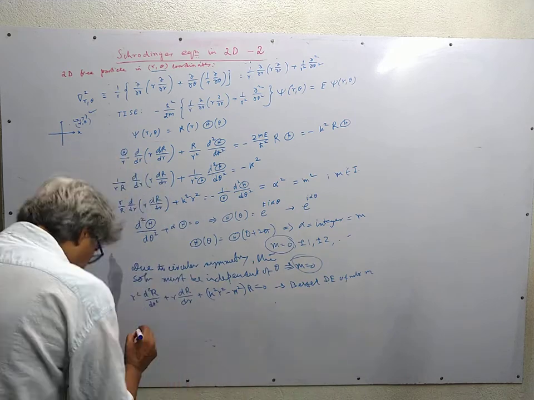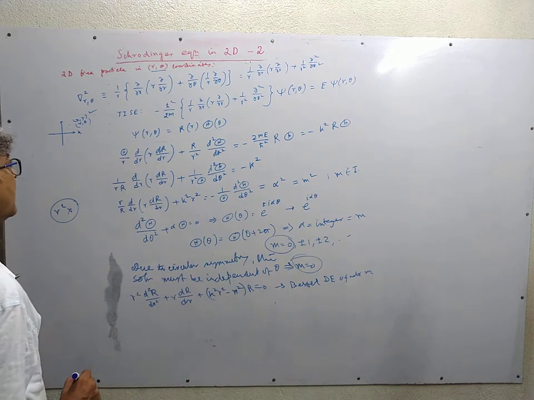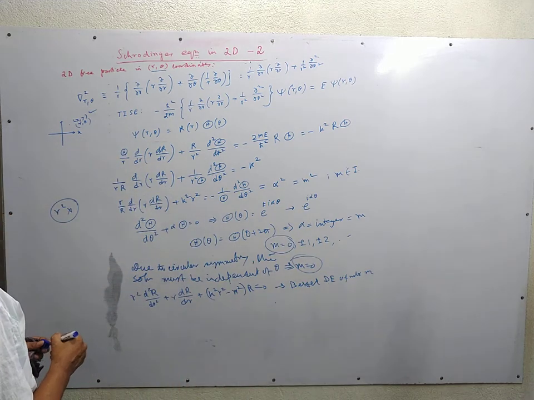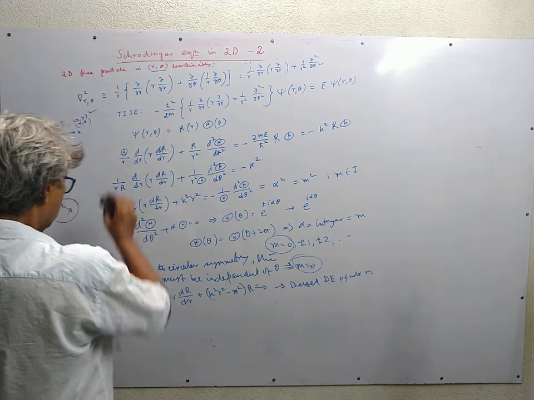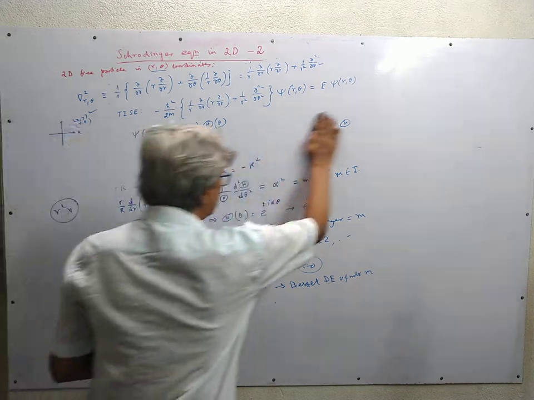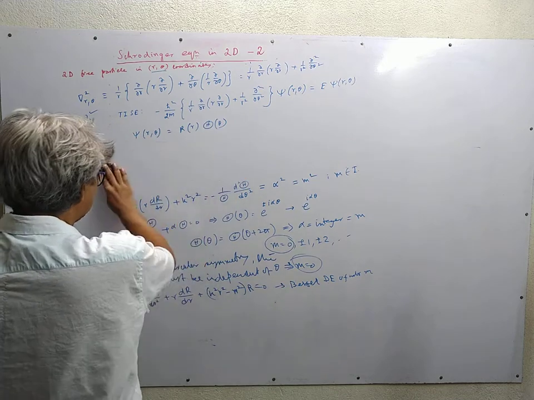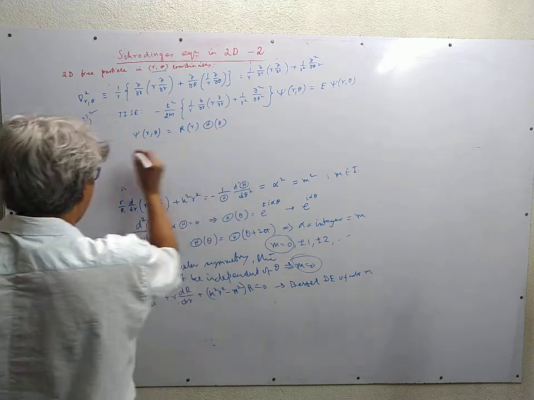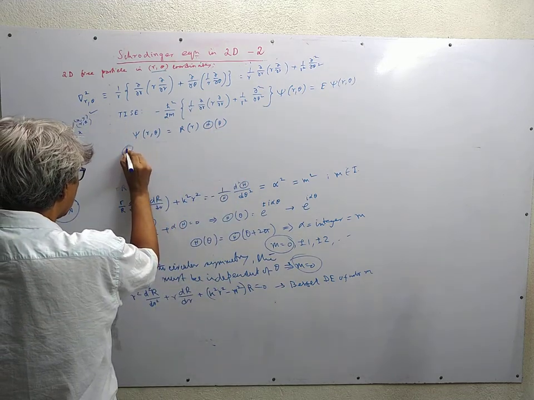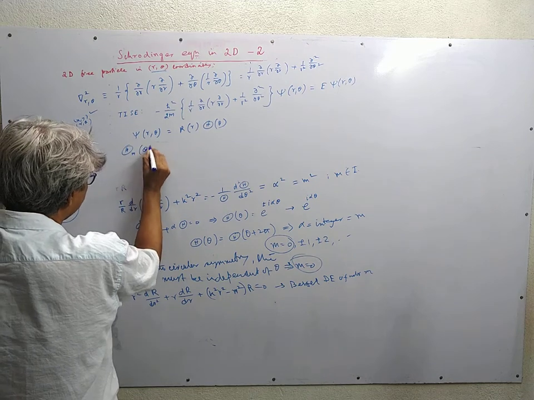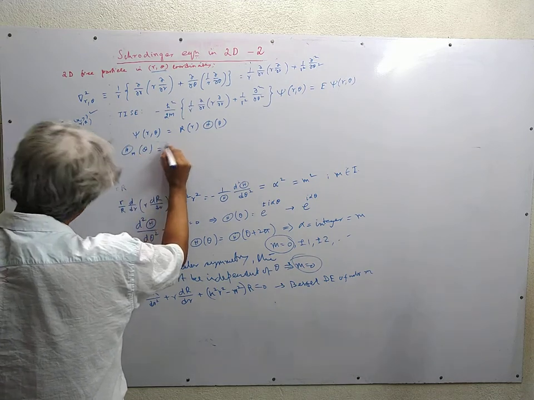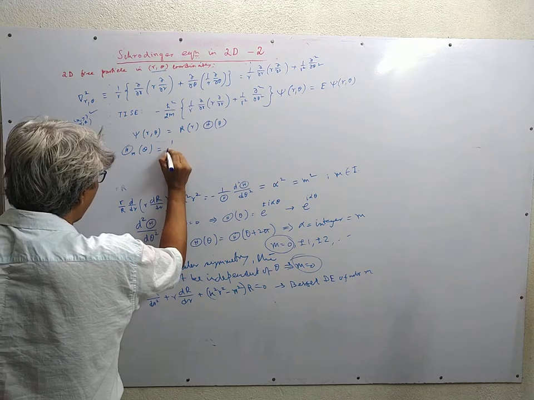So the solution is, let me come to right here. We see that this phi solution is m dependent, and it is some constant which is 1 upon root 2 pi.